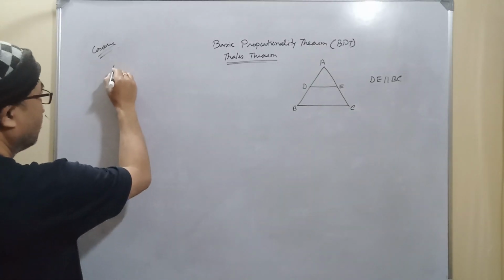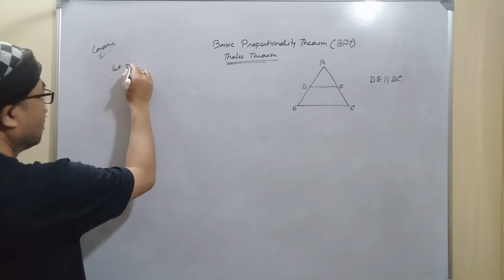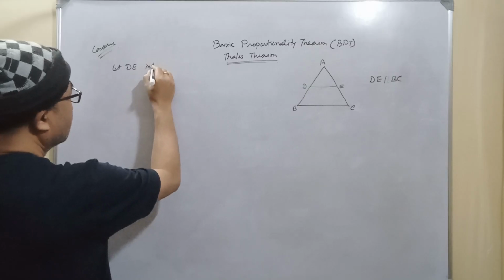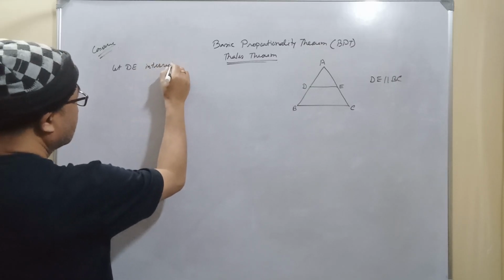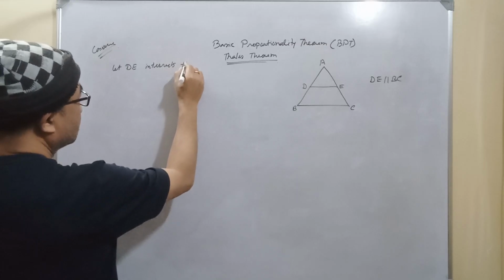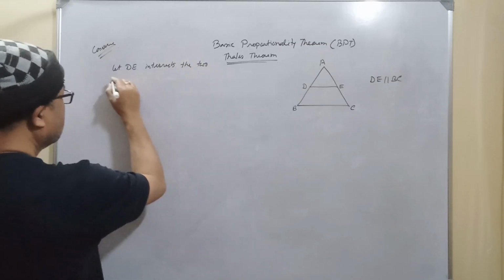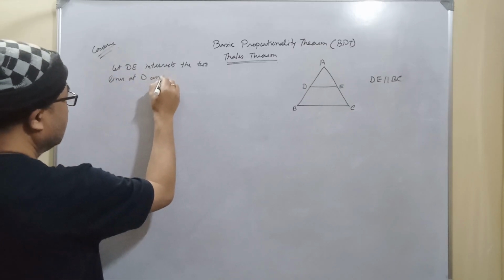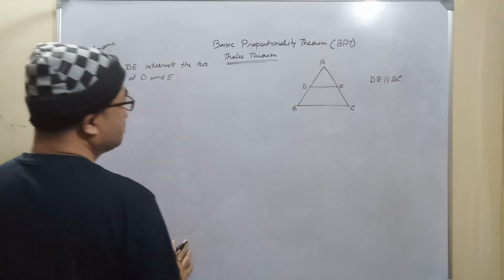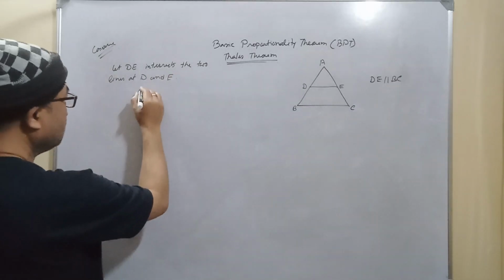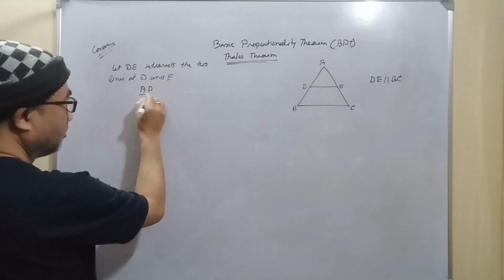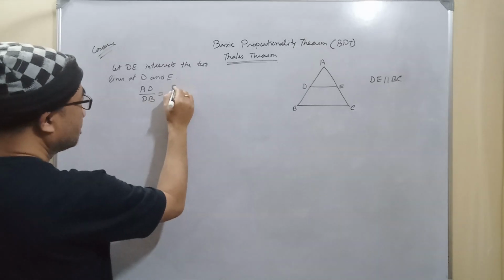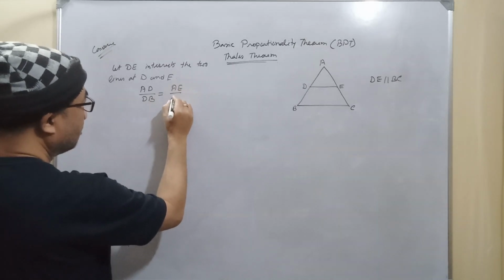So let DE intersect the two lines at D and E. AD by DB is equal to AE by EC.